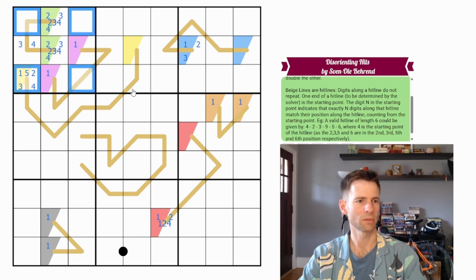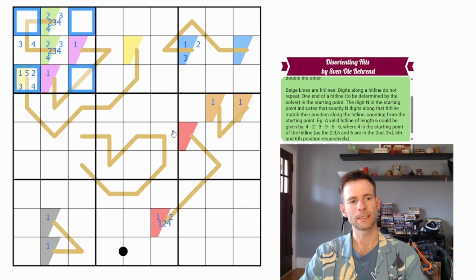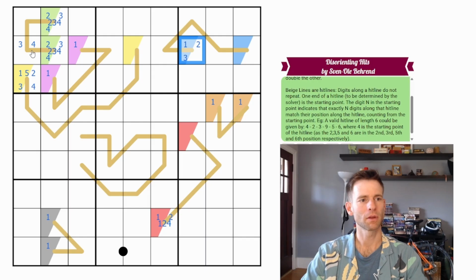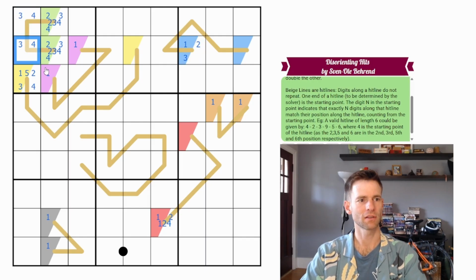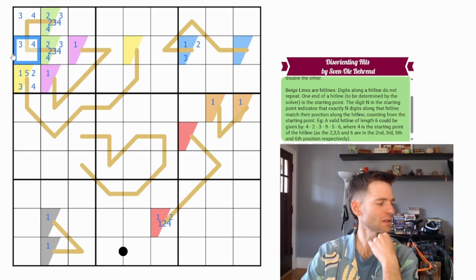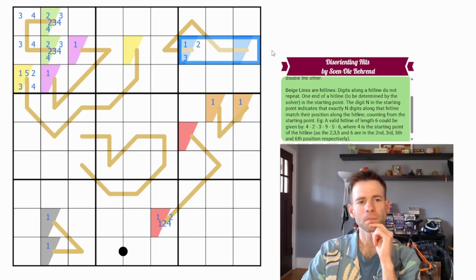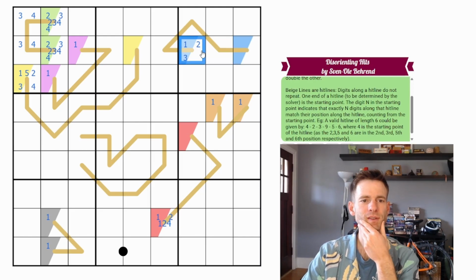But that doesn't really rule much out. So something might happen, like you might get a problem with, what I just did there wasn't necessarily true with the 3, 4 pencil mark. So what does this do, eh? So what would happen if this is a 3? That might be problematic.